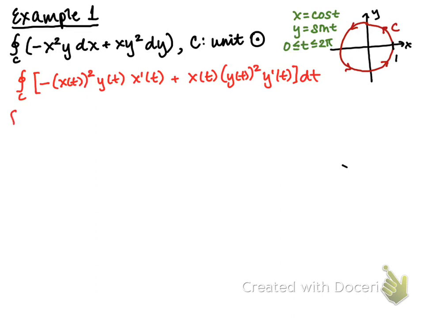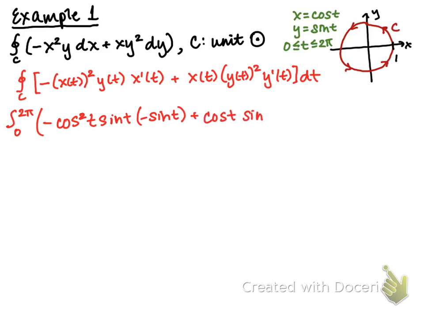So this is going to be the integral from 0 to 2 pi. We're going to have a negative cosine squared t, sine t, and then a negative sine t, plus cosine t, sine squared t, and then y prime is cosine t dt.